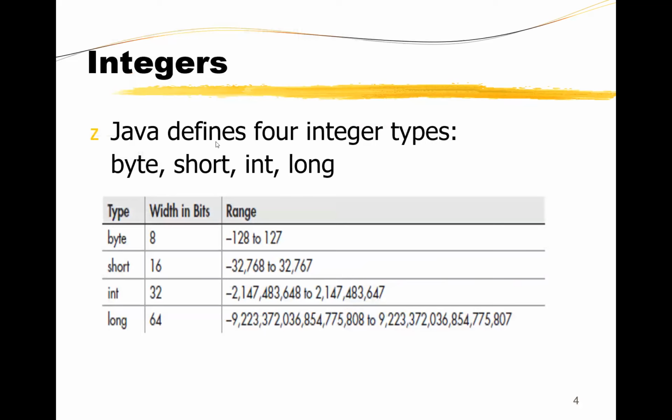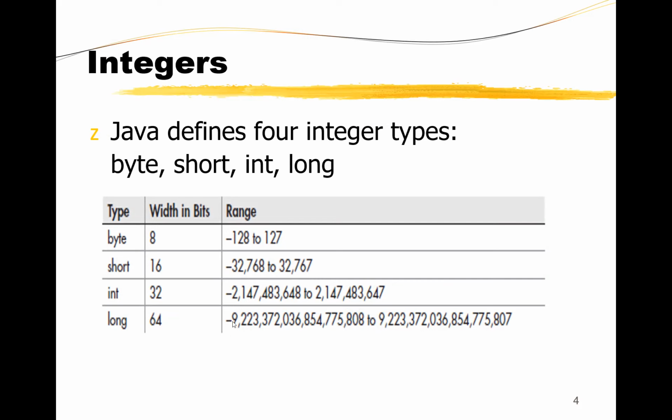Now, these are the ranges of the integer values. This is what I said: minus 2 billion to plus 2 billion, and then, what was it, millions, billions, then trillions, then quadrillion, yes, 9 quintillion.